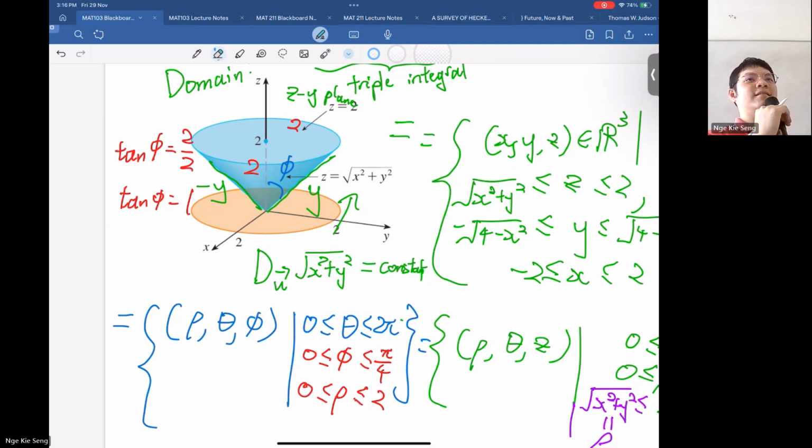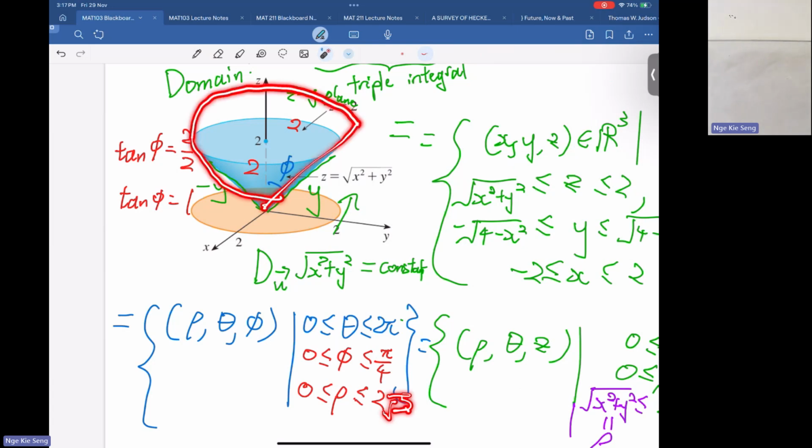Okay, so 2 square root 2 like this. But what is this? 0 up to 2 square root 2. So you will circle out a dome here. But you want flat. You get what I mean?